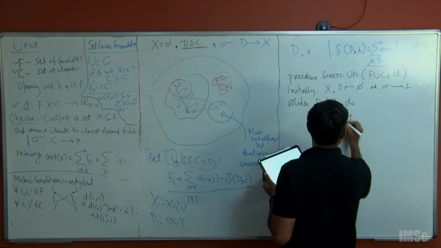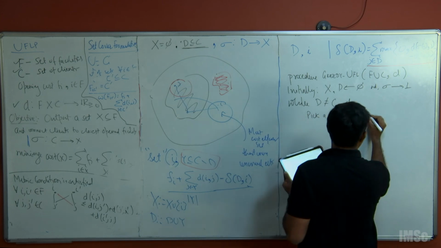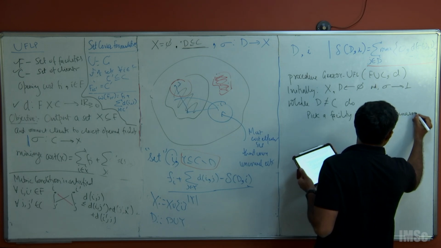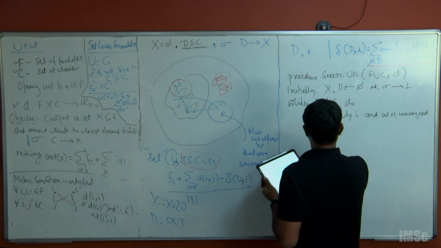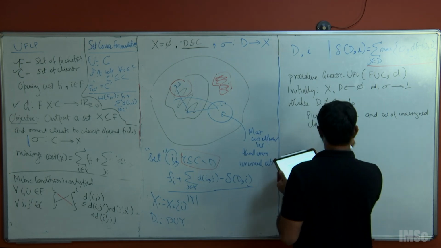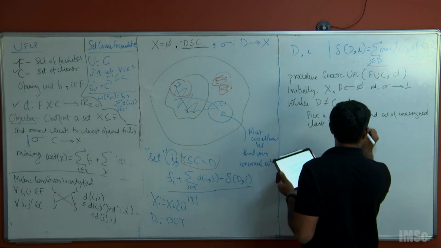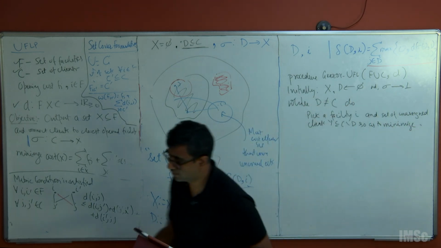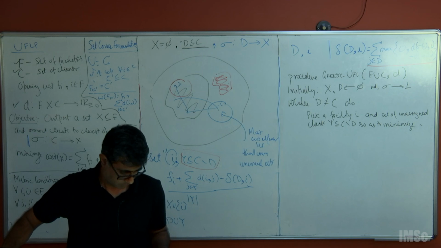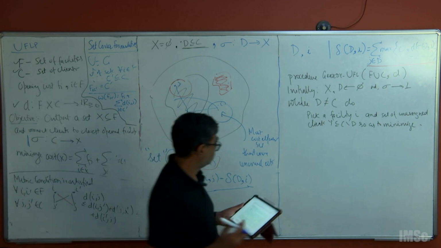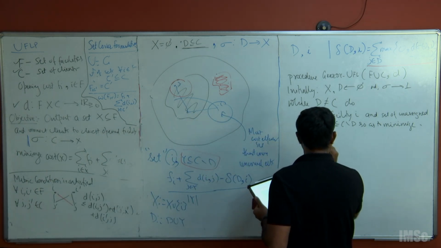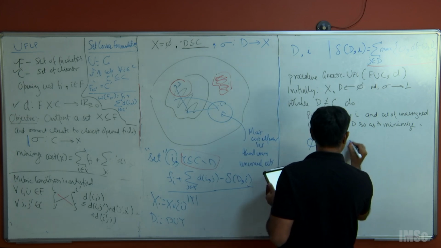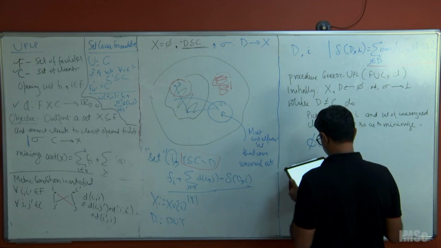Pick a facility i and a set of unassigned clients Y, a subset of C minus D, so as to minimize the following function. You will understand what I mean.